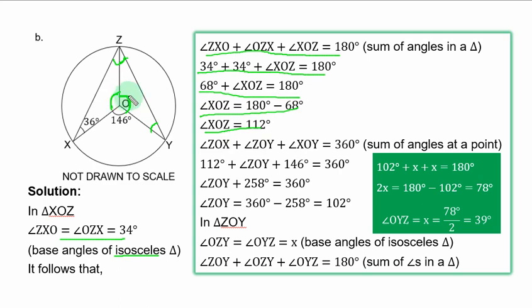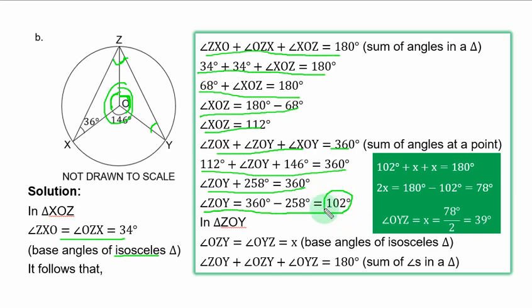For us to get this angle, if you add all the angles at this center here, the sum is 360 degrees. Sum of angles at a point. So three angles are added. We want to get ZOY. That is this angle. So the ones that are known, you replace them. If you add, you get this. Collect like terms.